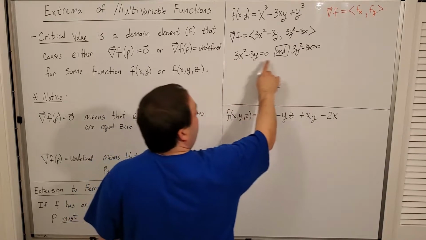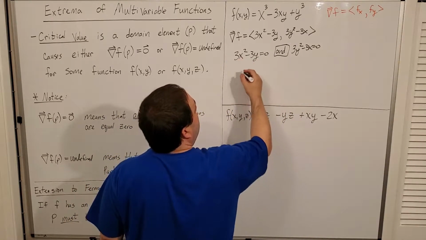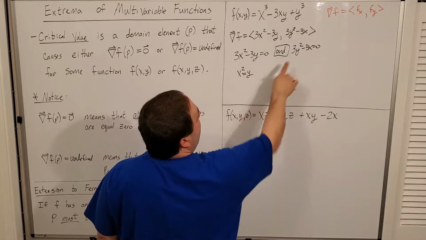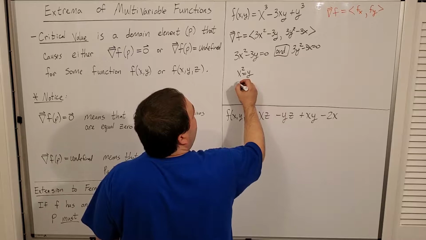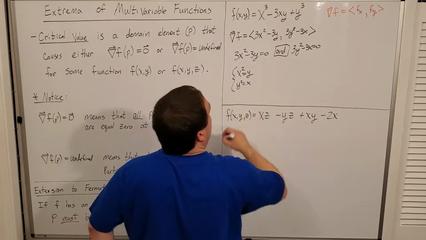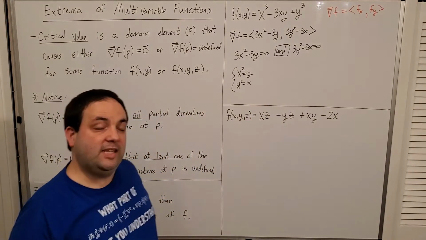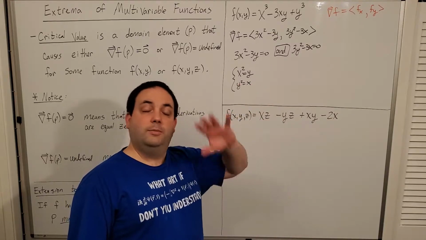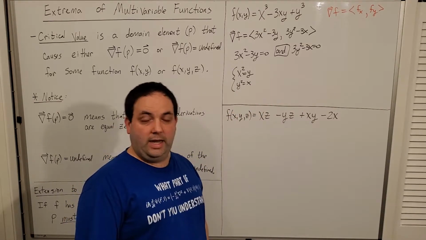Okay, so doing a little adding and dividing, this one tells me that x squared is equal to y, and this one is telling me that y squared is equal to x. And I'm going to treat them like a system of equations. I know you've heard that before. That's like substitution, elimination, all those things that you would have done back in algebra.